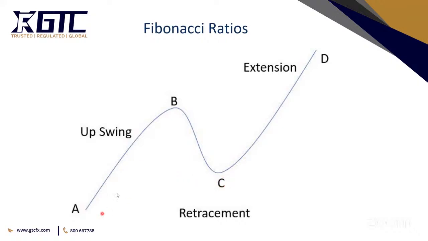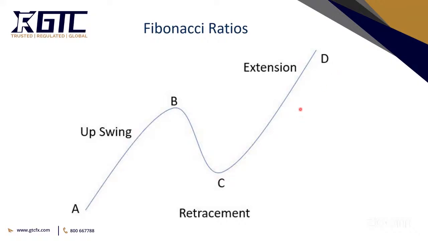The moment we have the AB boundary, we can very well project and find out potential C and potential D. Believe it or not, we will have to wait for C. We will have to wait for the market to produce C. But before even our C is in our hands, we will have the targets. We will already know that this instrument is heading north up to that price or south up to that price.